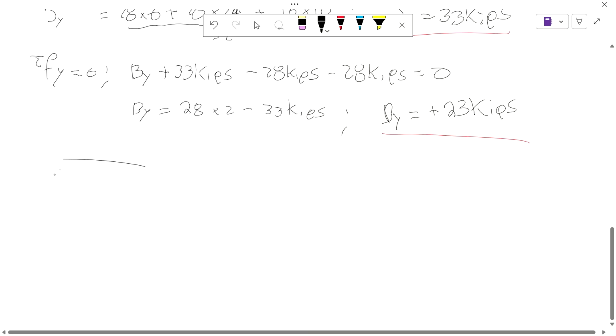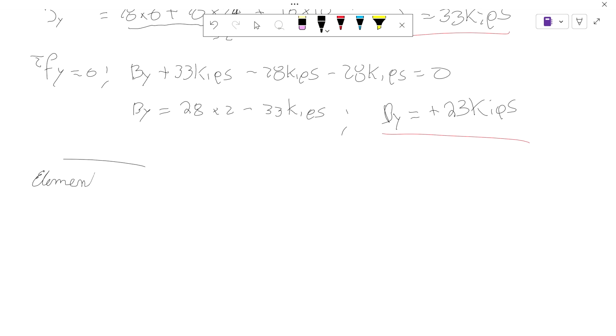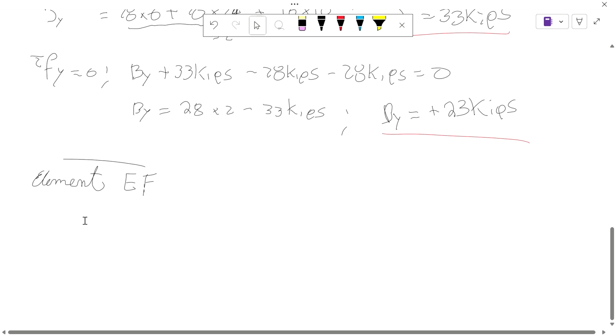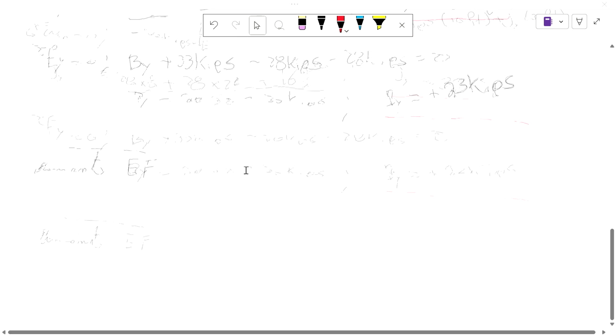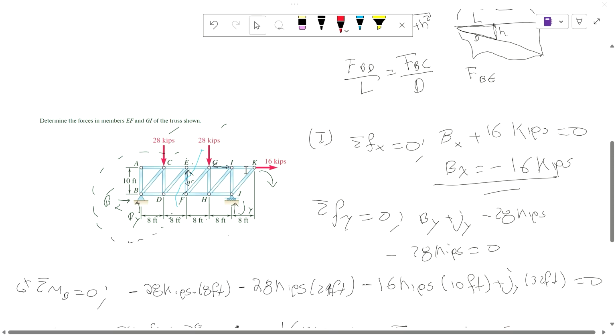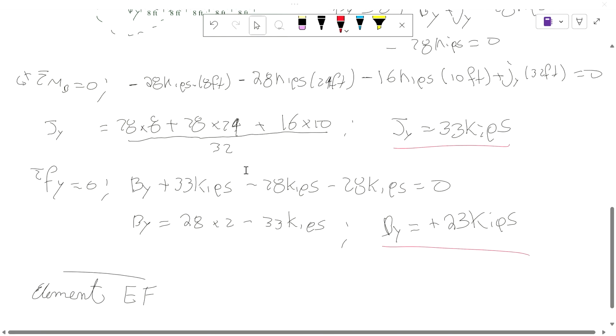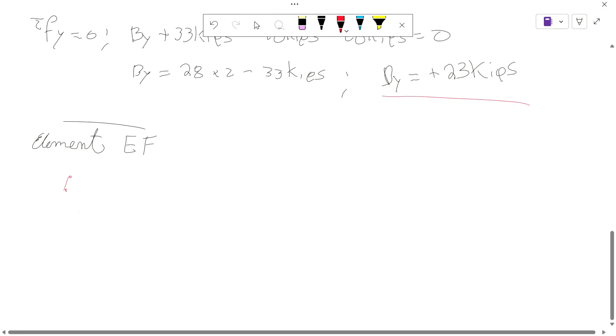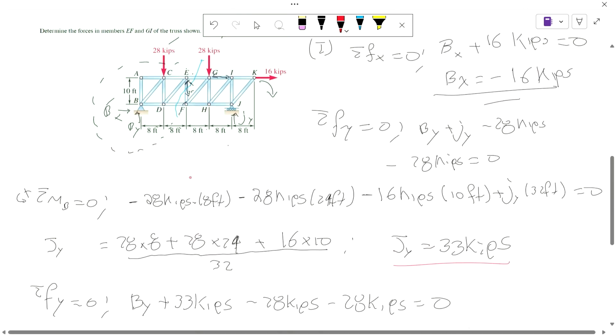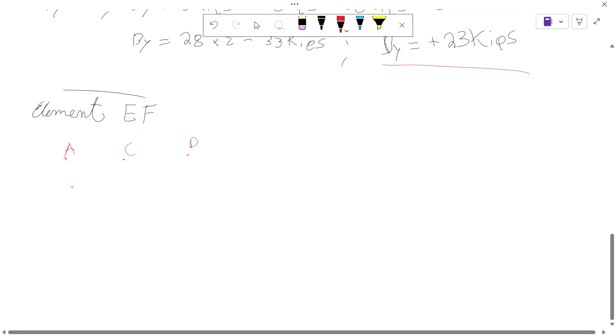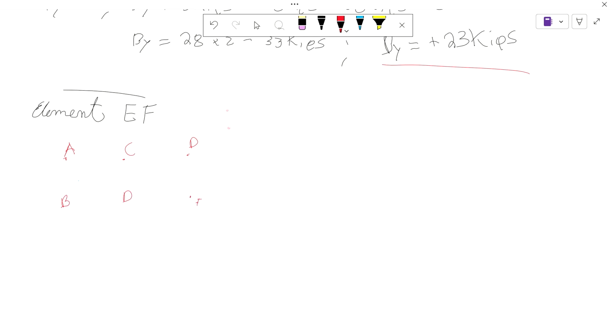So for the structure we have the points A, C, E, and point D, and BD, and then this point is F. But we won't connect F, because remember that we cut in here.